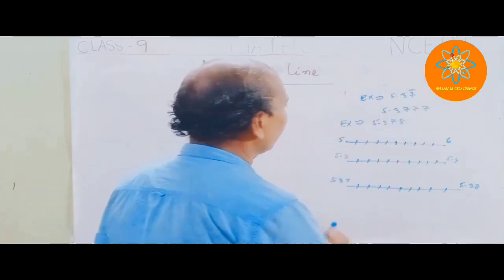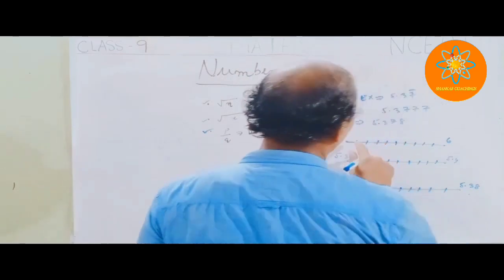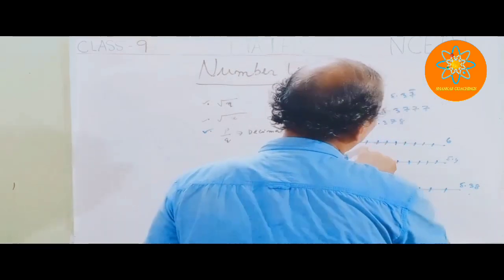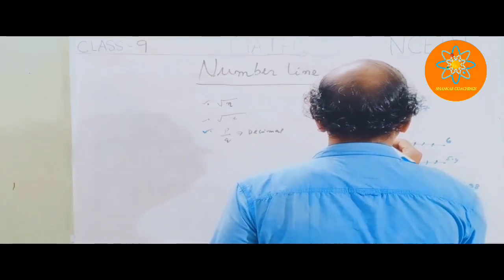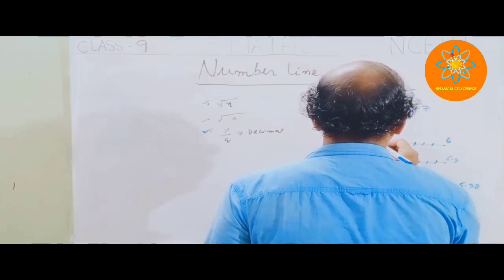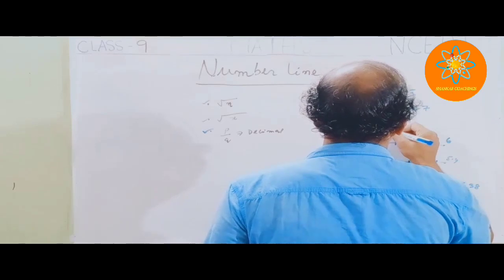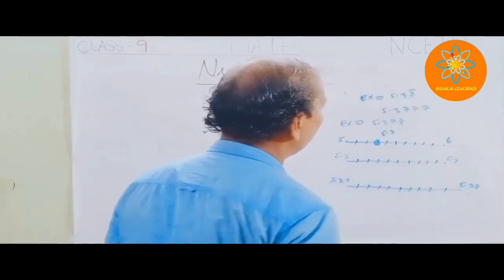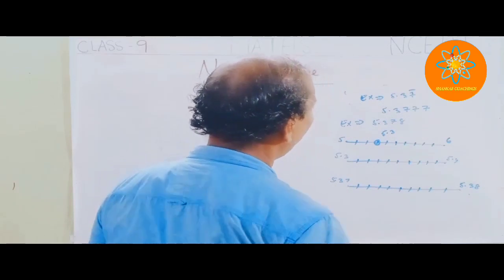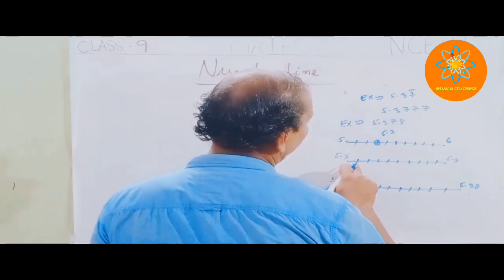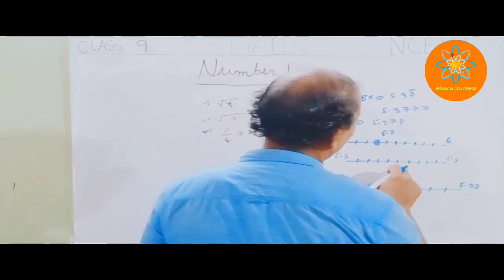Now where will we represent it? This is 5.1, 5.2, this is your 5.3. So this point is nothing but 5.3. Now the next one is 5.37. So 5.31, 32, 34, 35, 36, 37.